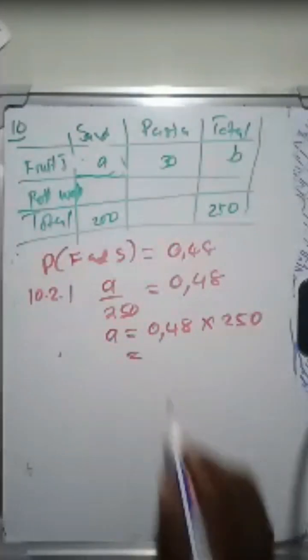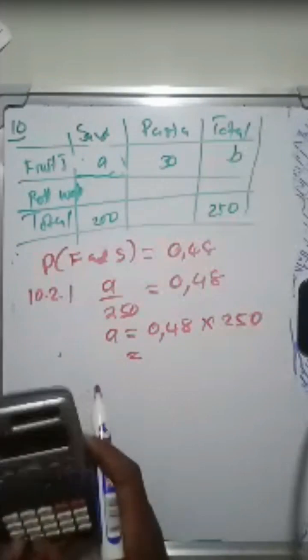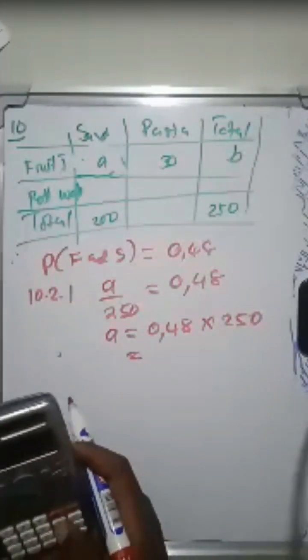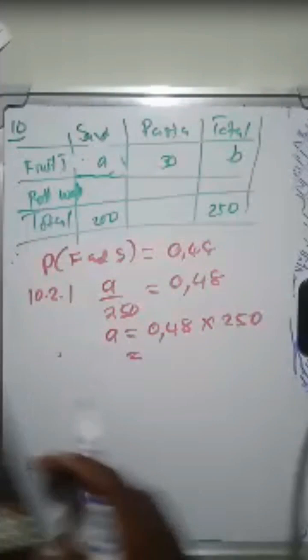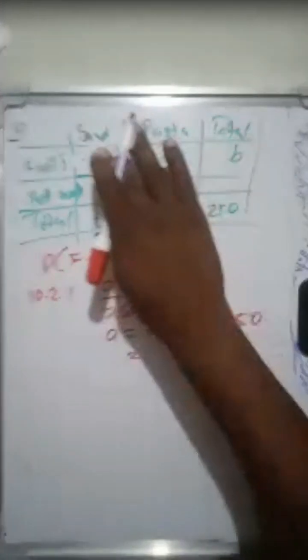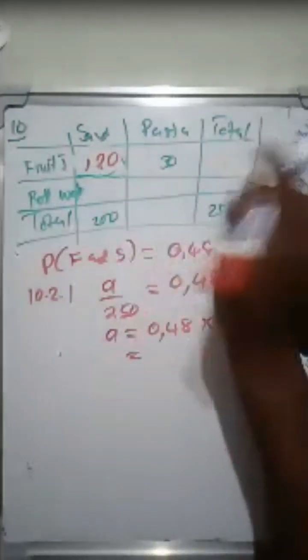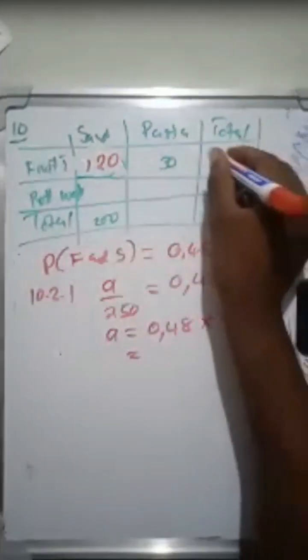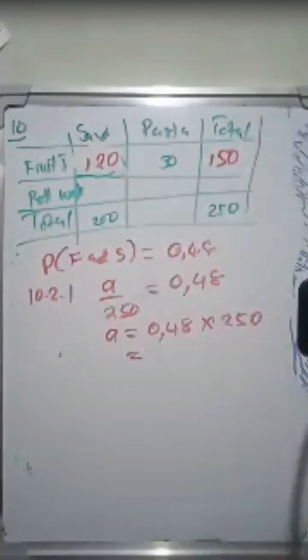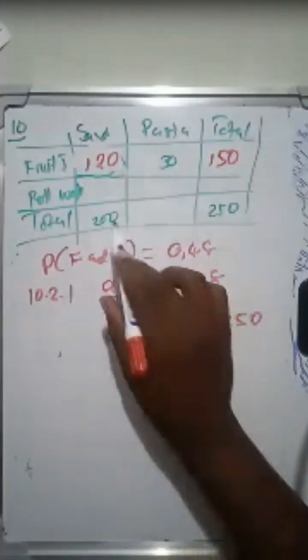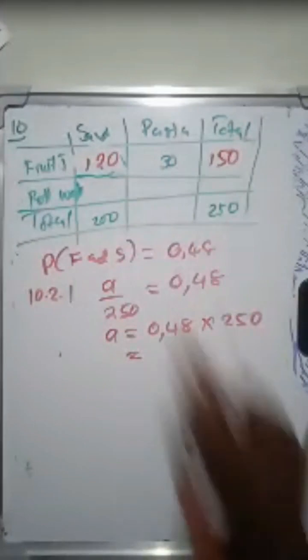Then what do we get? 0.48 times 250, you get 120. So it means A there is 120. Okay, so that is simple. 120 plus 30, what do we get? We get 150. And 200 and 250, what do we get here?